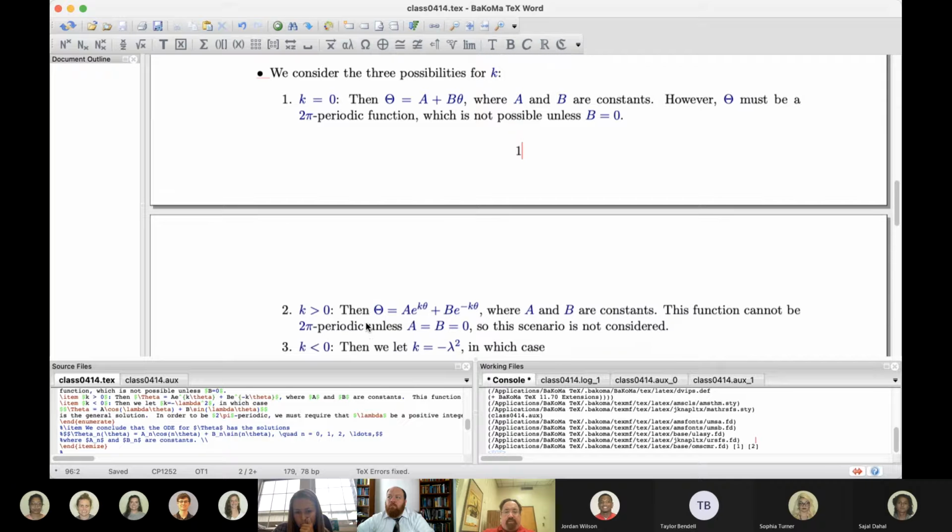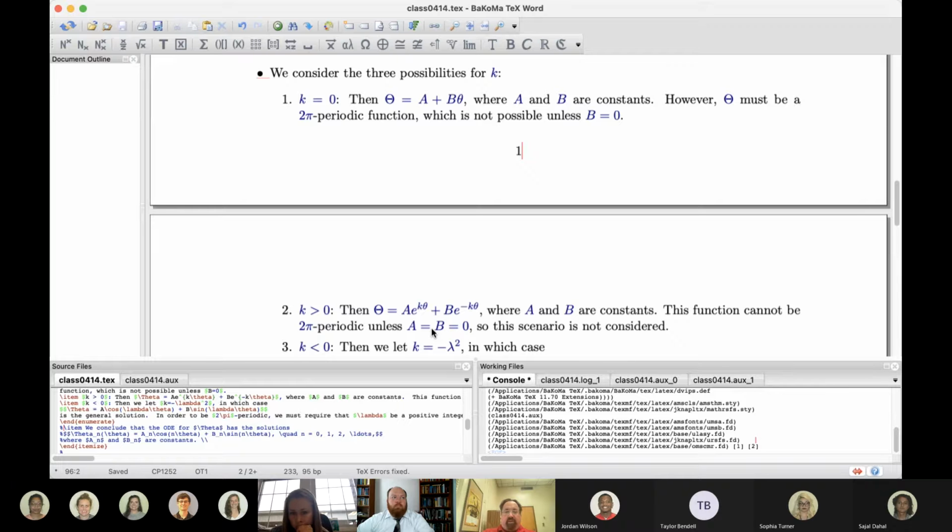If k is positive, then capital Theta has this form, a linear combination of exponentials. The only way that can be 2 pi periodic is if a and b are both 0.